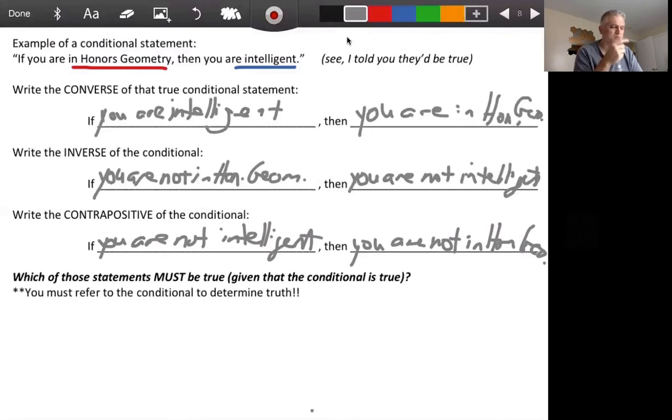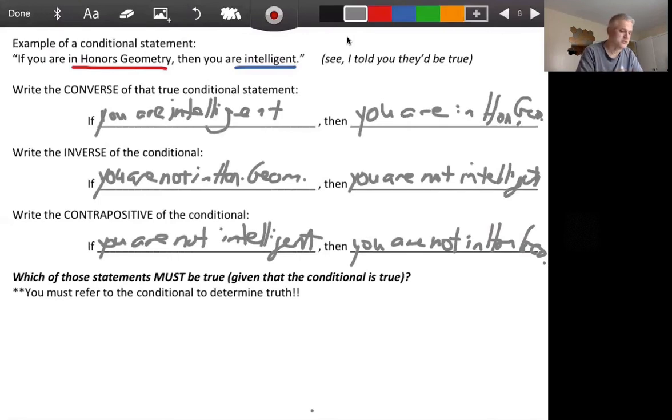So that's saying anyone that's not in honors geometry is not intelligent. Well, we just covered that with the converse. No, there are plenty of people that are not in honors geometry that are intelligent. So again, an inverse is not necessarily true. Okay, that's a fallacy. Right? The inverse of a true conditional is not necessarily true.